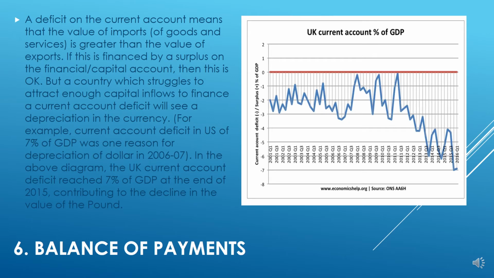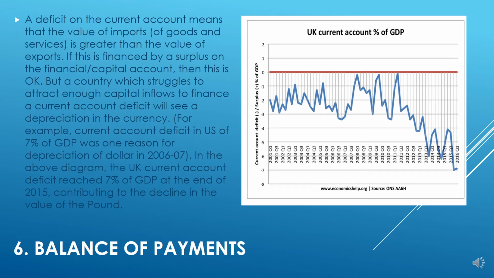The next important point is balance of payments. So, a deficit on the current account means that the value of imports of goods and services is greater than the value of exports of goods and services. Now, if this is financed by a surplus on the financial or capital account, then this is fine.